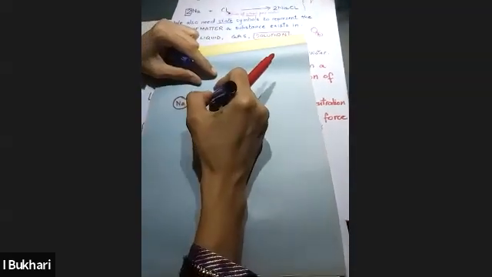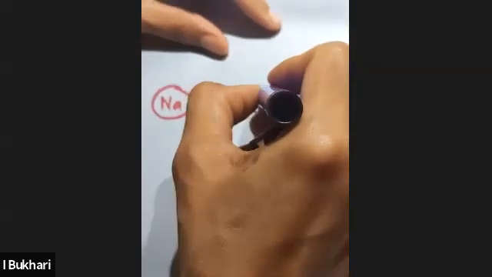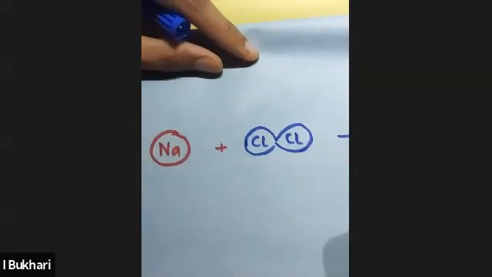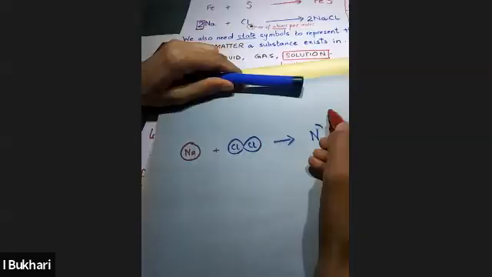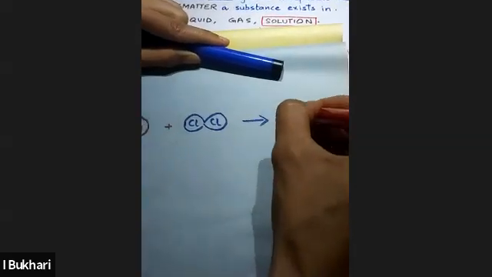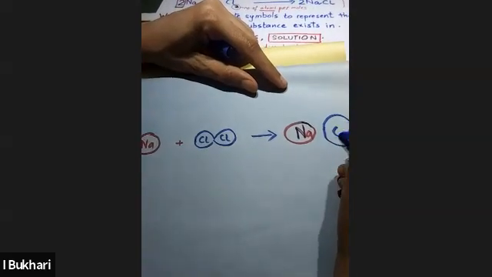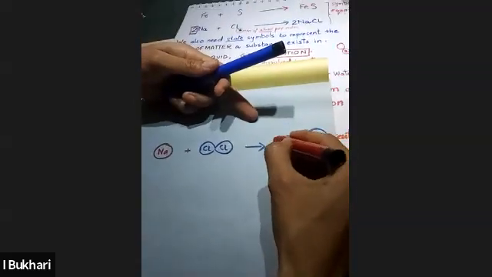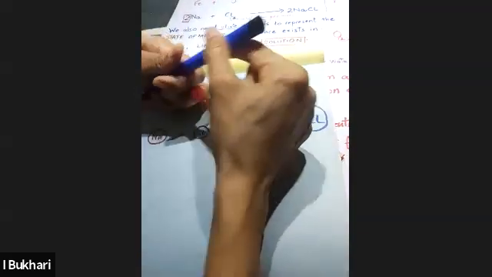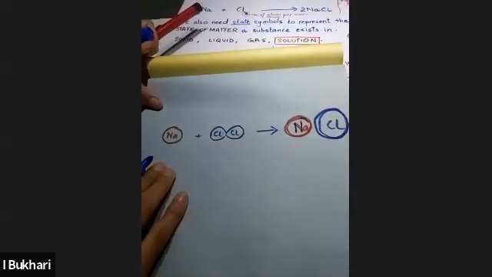For example, this is chlorine: 2 atoms of chlorine together making 1 molecule, together reacting to give sodium chloride. They're close to each other, but they are not joined. Okay, this is this way.